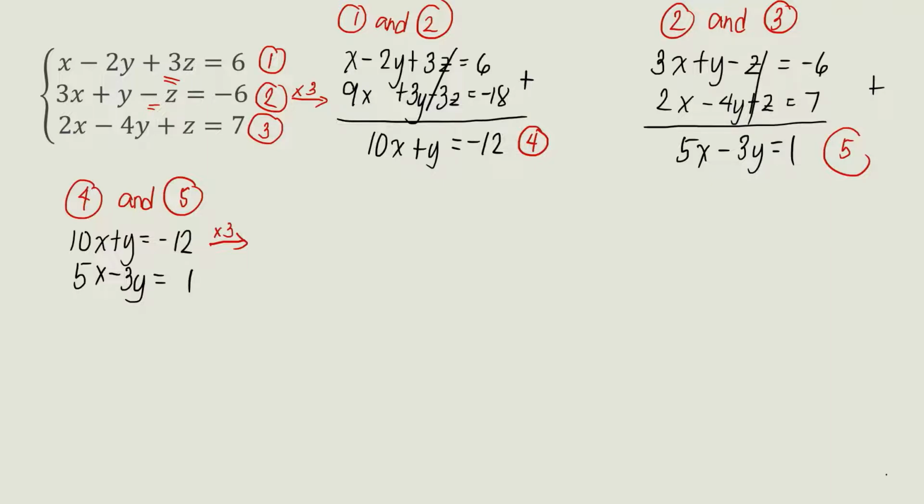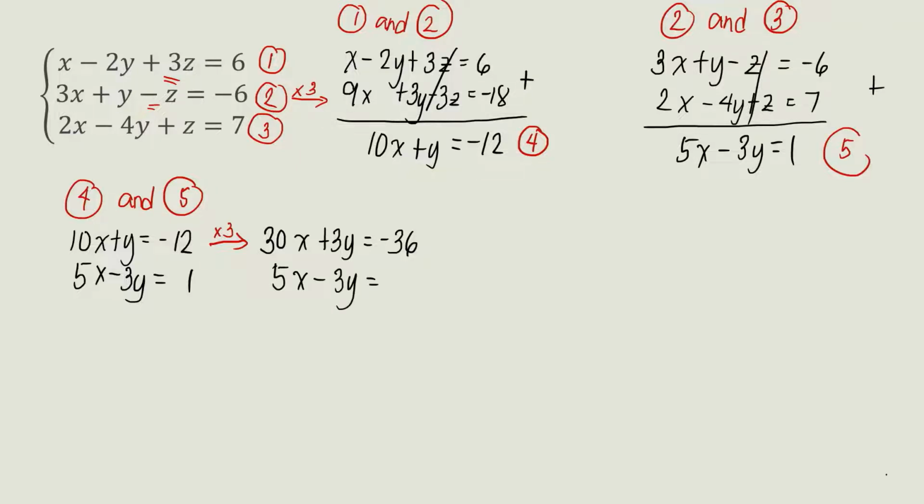So this would be 30x plus 3y is equal to -36. Okay, next, just copy your fifth equation. So this is 5x minus 3y is equal to 1.